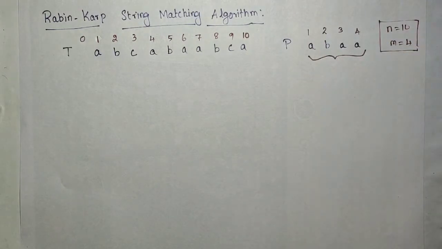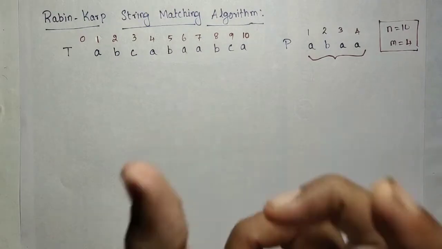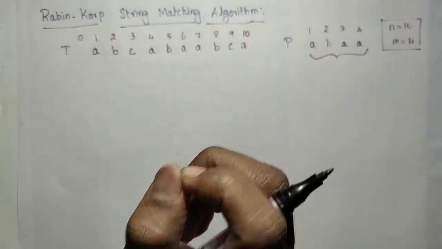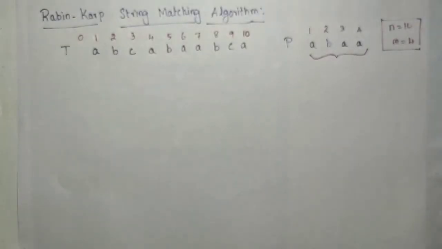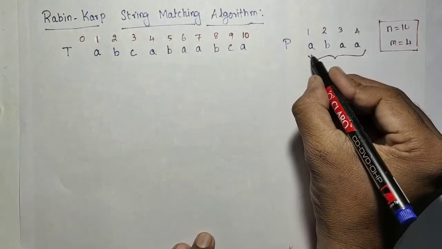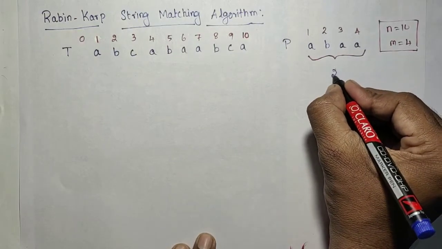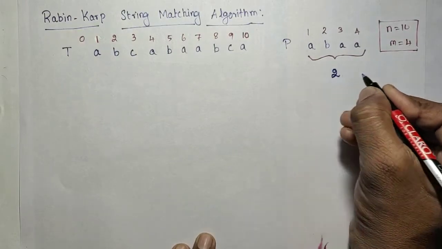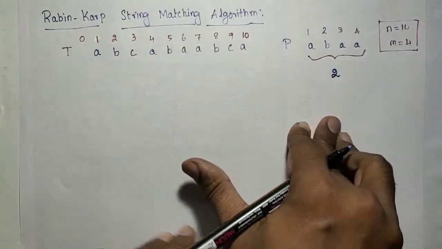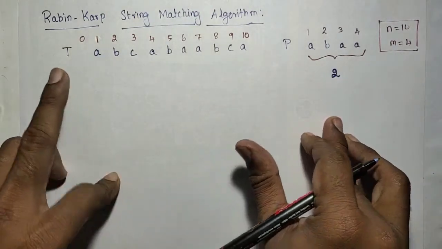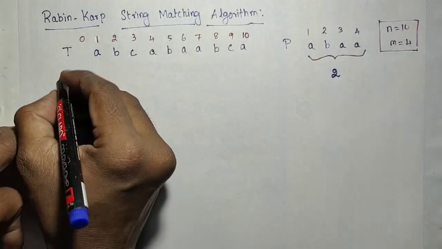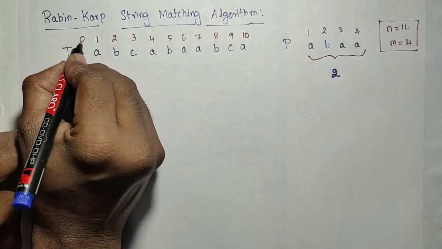Assume the equivalent number of the pattern's four characters is 2. Just 2.